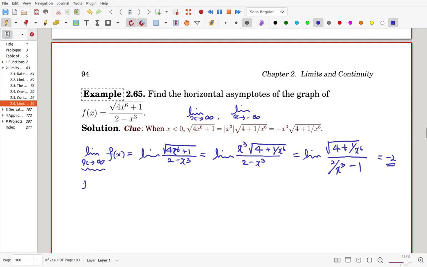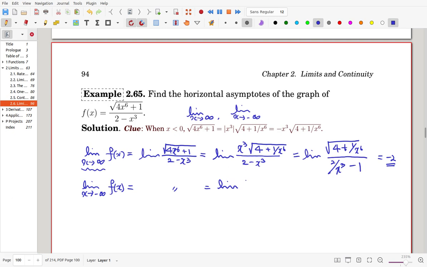So here, the limit as x approaches minus infinity of f of x. Okay, the same as in this case, but now x is approaching minus infinity, so x itself is smaller than 0, so here you have to be a little bit careful.